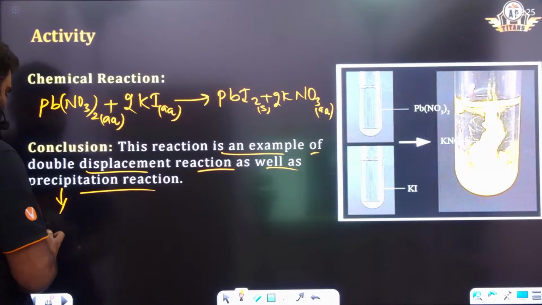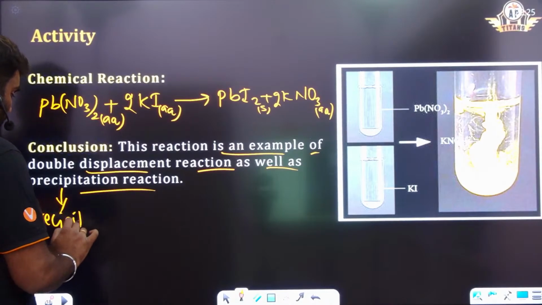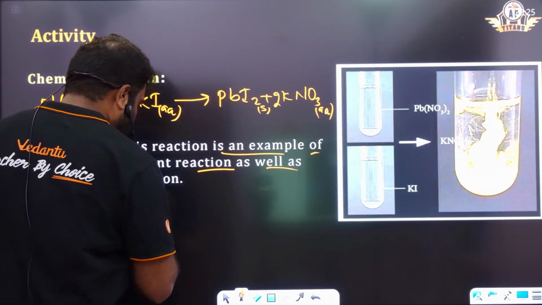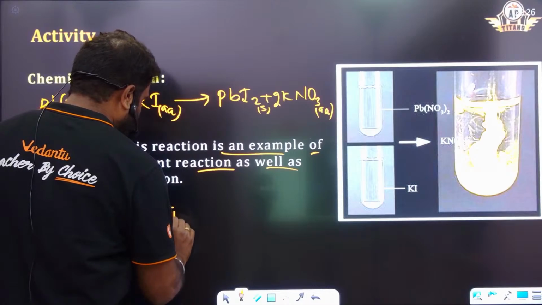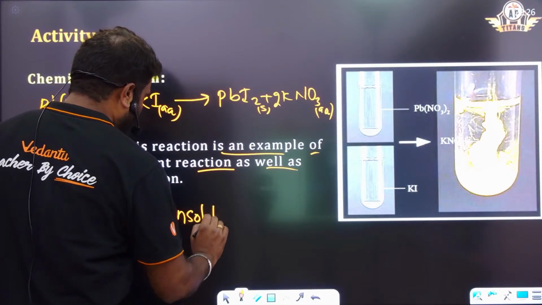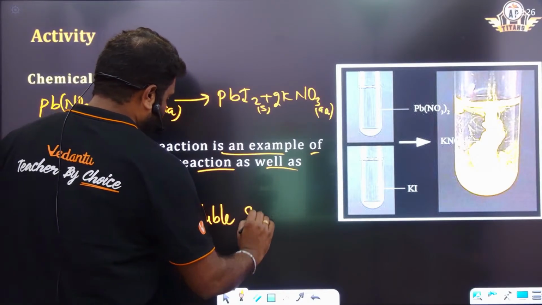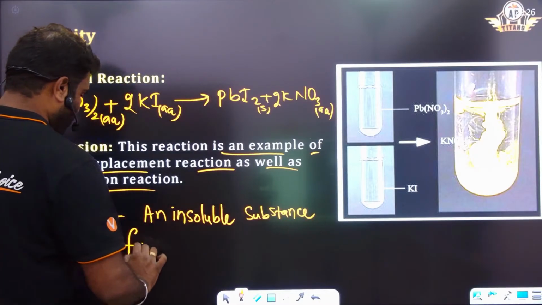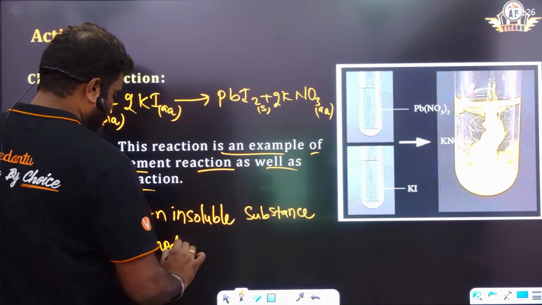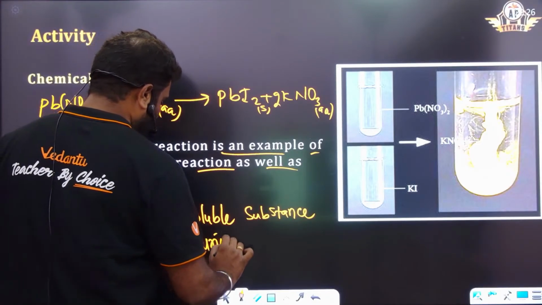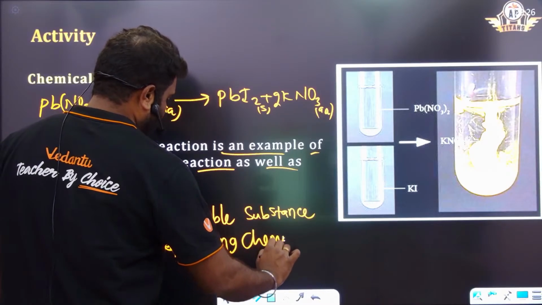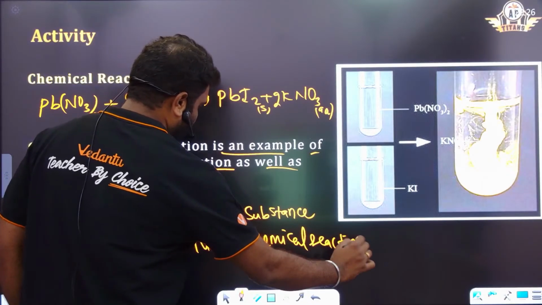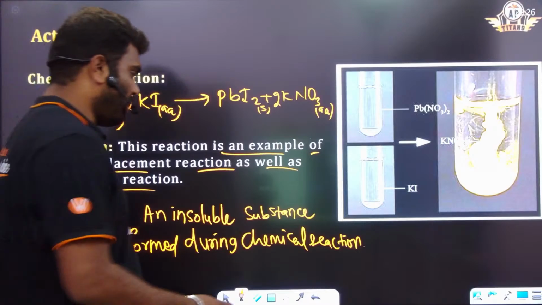So what is meant by precipitate here? Precipitate is nothing but what, beta? An insoluble substance formed during a chemical reaction. An insoluble substance is formed during a chemical reaction.